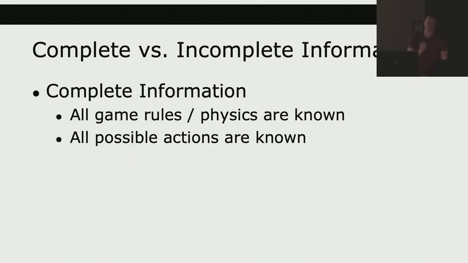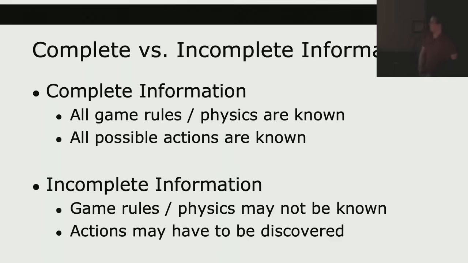We have complete versus incomplete information. In complete information environments, all of the game rules and physics are known, and all possible actions are known. In incomplete information, the game rules or physics may not be known, and actions may have to be discovered. So someone didn't tell you the rules to chess.